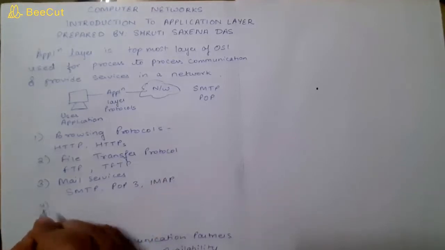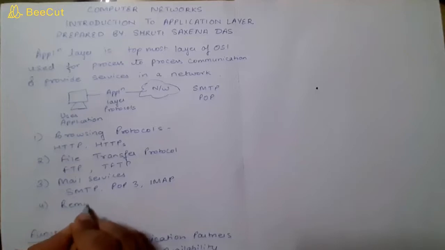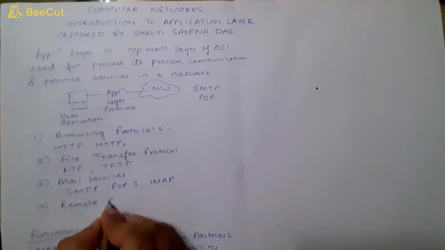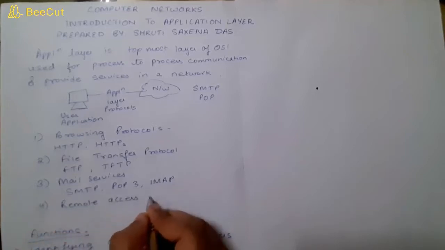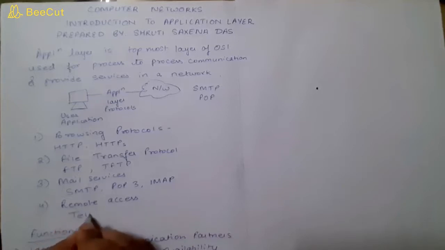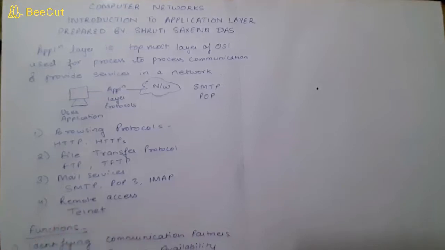If you want to remotely access any system, we have a protocol called telnet. Telnet is a protocol which allows you to access a remote system. So there are a variety of protocols and services provided by the application layer.